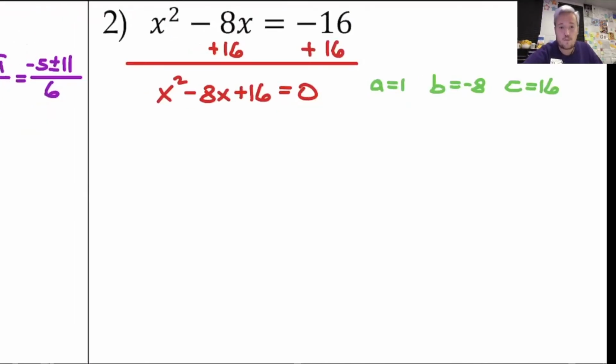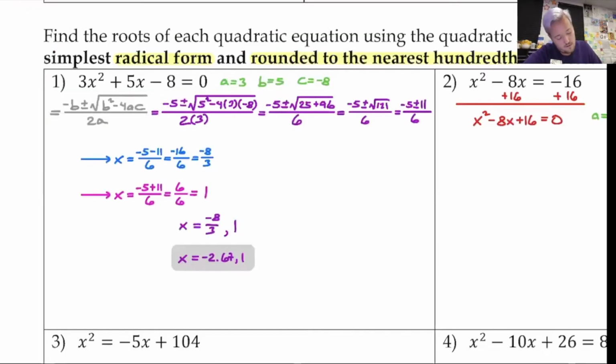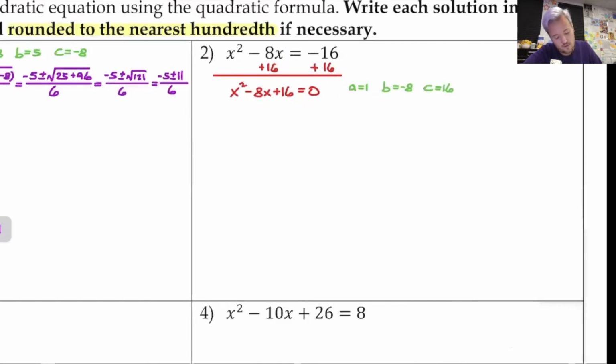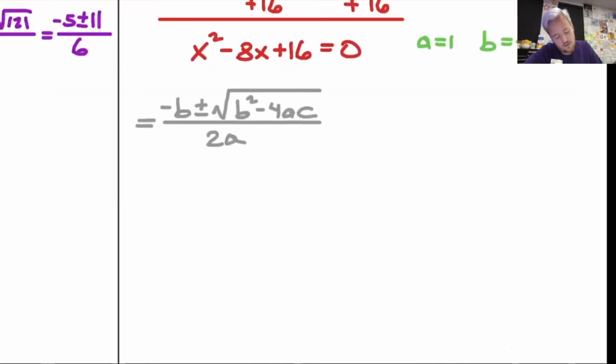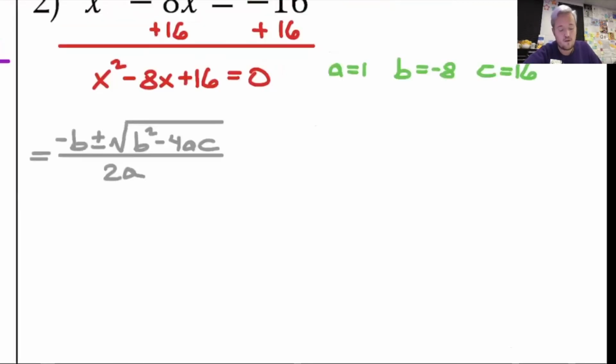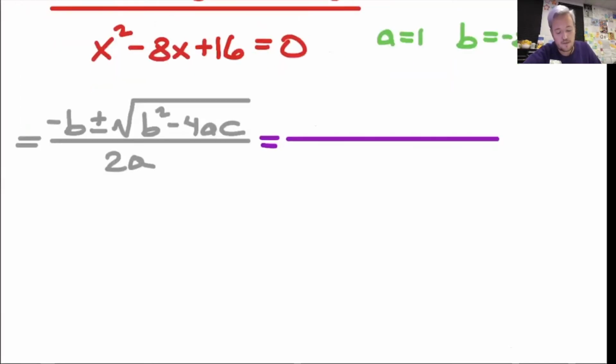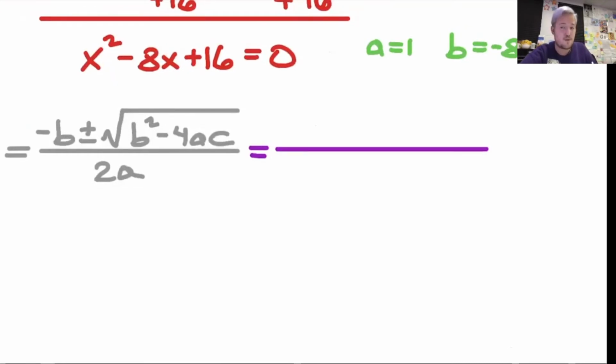So I'm going to just copy and paste the quadratic formula over from the first question, not the second one. So this is what I'm going to start with. All right, so now I'm going to start filling in those values. So the opposite of b. It's already negative, so I want the opposite. So I want the positive value.